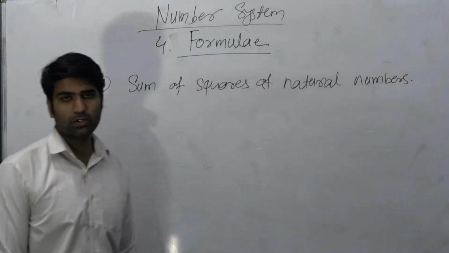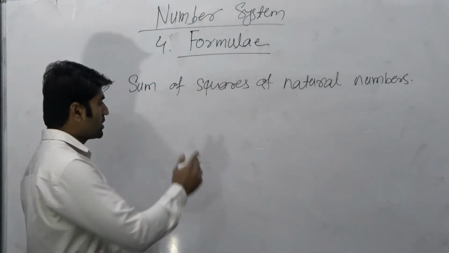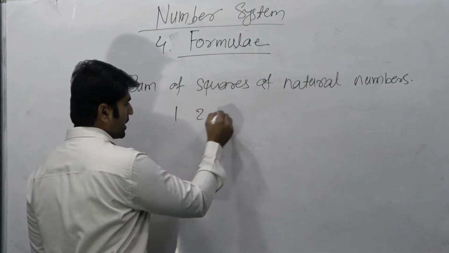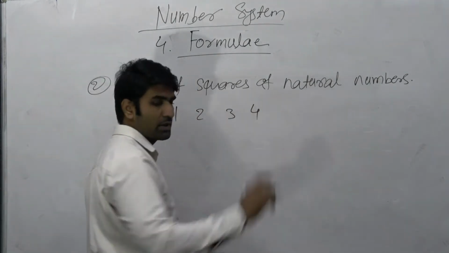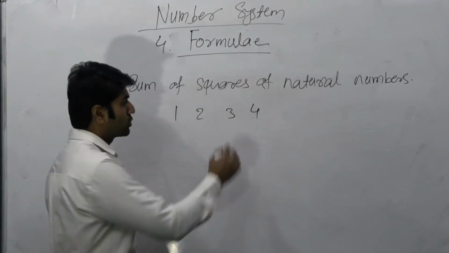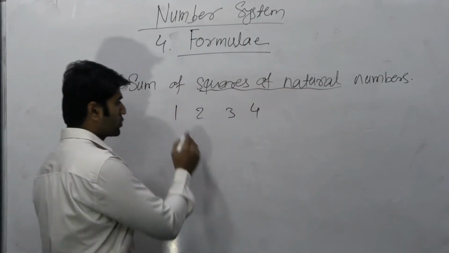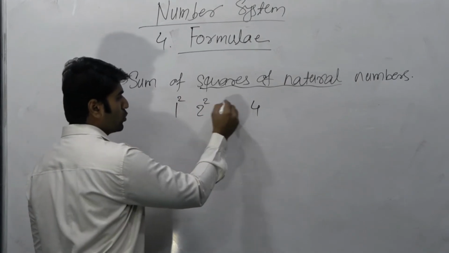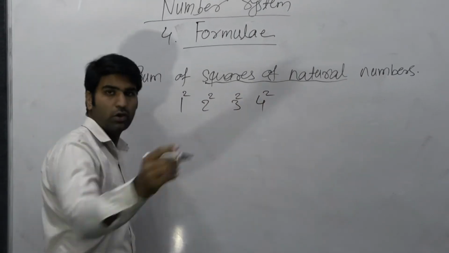Sum of squares of natural numbers means these are natural numbers 1, 2, 3, 4, etc. But squares of natural numbers means 1 square, 2 square, 3 square, 4 square and so on.